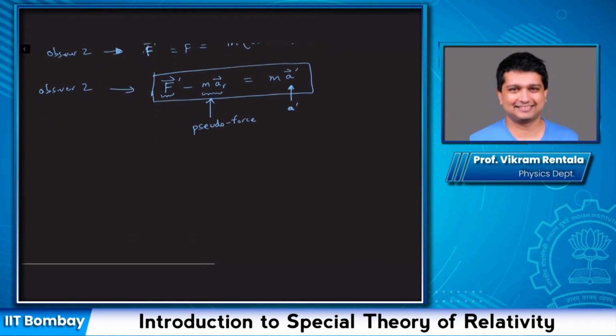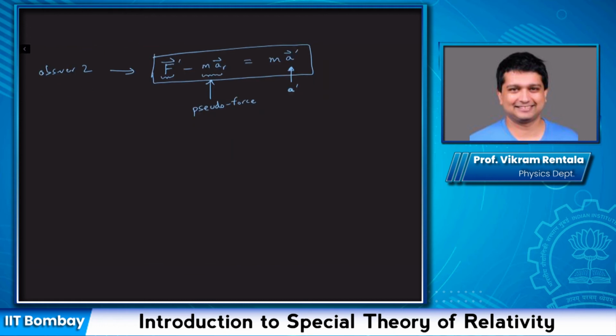So let's come to a physical example of this. Again, suppose you are standing on the ground and you have a friend in a car, and she's driving to the right, but this time she doesn't just have a uniform velocity with respect to you, she actually has an acceleration, AR, relative to you.